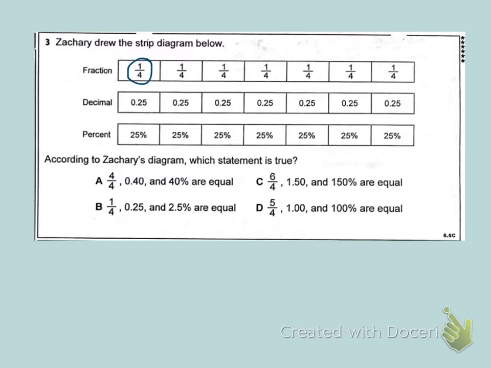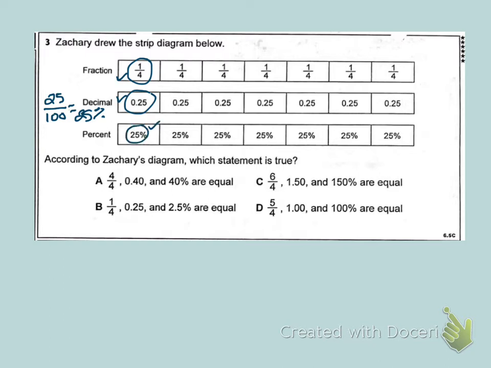If I have 1 out of 4 quarters in the money, how many cents do you have? 1/4 is worth 25 cents. So that's right, and that's right. And then a percent. So a percent is out of 100. So I have 25 hundredths. Write it like you read it. So that equals 25%. So that's correct.